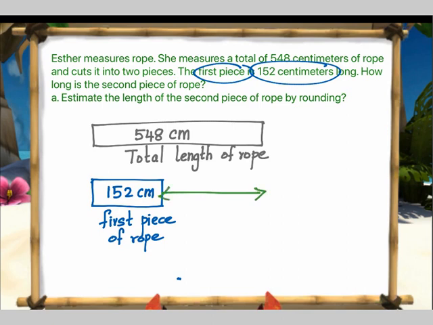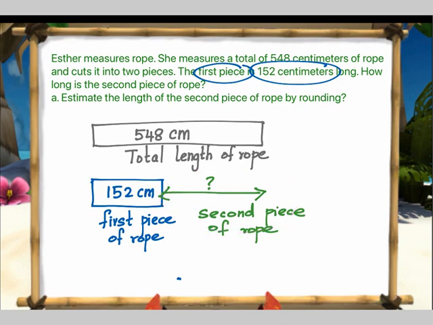How long is the second piece of rope? So that is what we have to find. We don't know the length of the second piece of rope. So here we know the total, and also we know one part of the total. If we know the total and also one part, to find the other part, we have to do a subtraction number sentence.